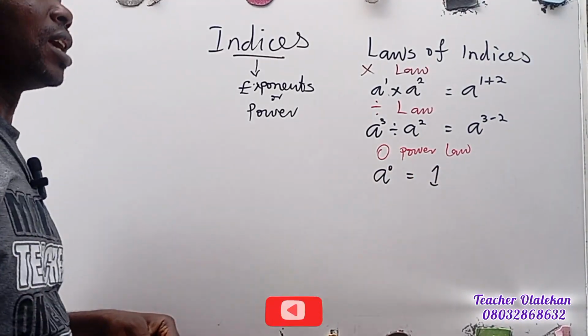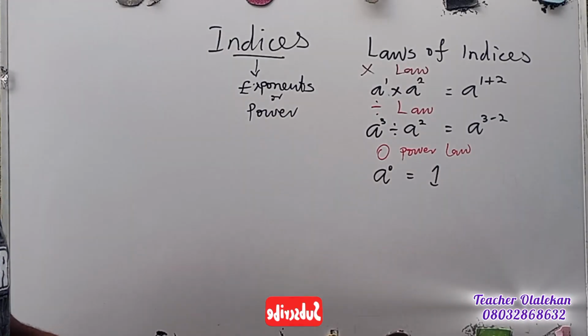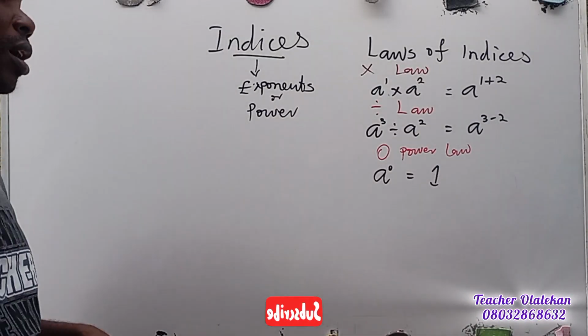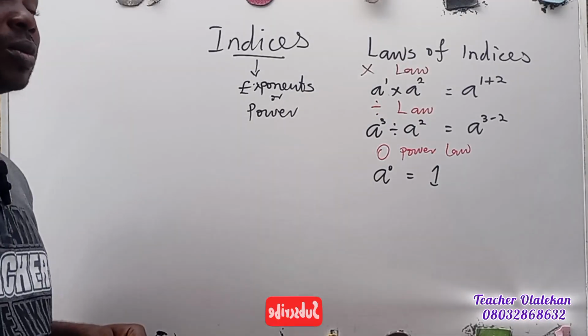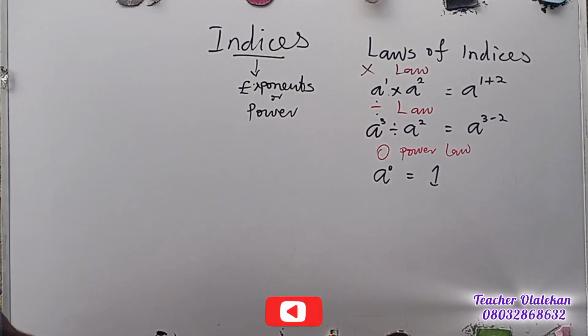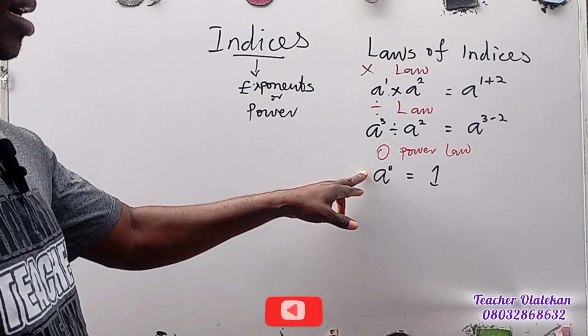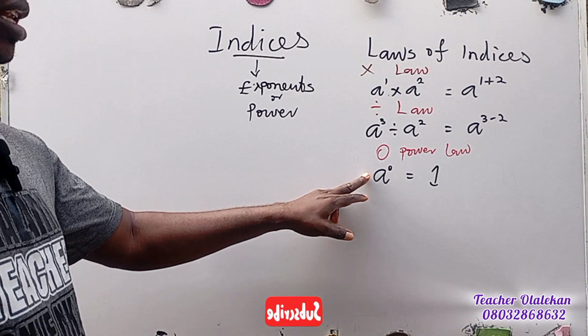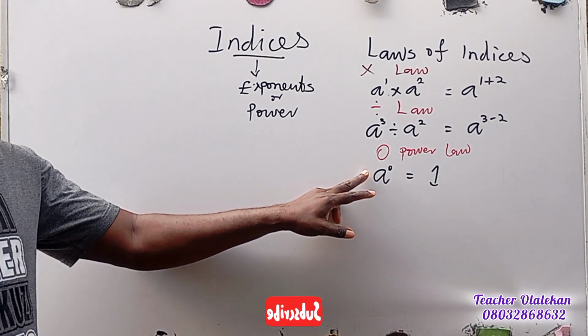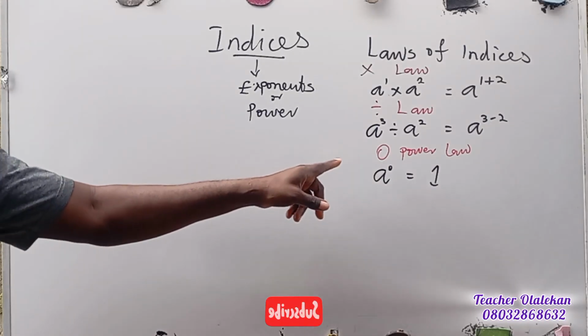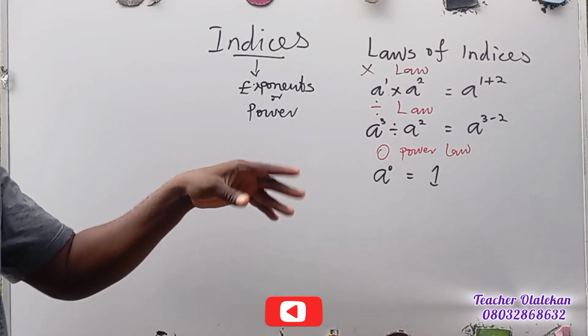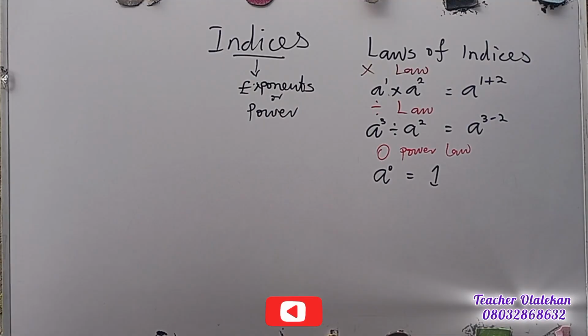As you can see, we use this also in conversion of bases, like other bases to base 10. So where we have any figure to the power 0, then it is equal to 1. So as you can see, they are very related.